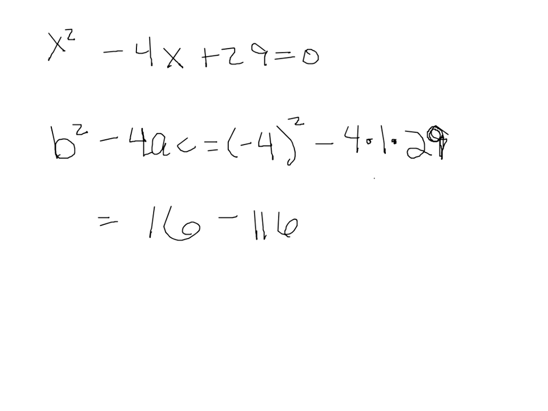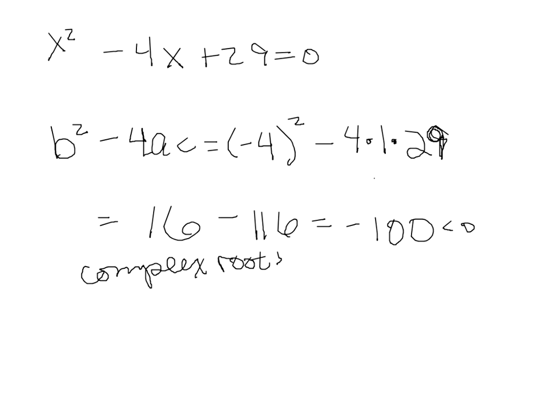Okay, so 4 times 29 is 116. So 16 minus 116 is minus 100. Since this is negative, we're going to get complex zeros, or we also call them roots.